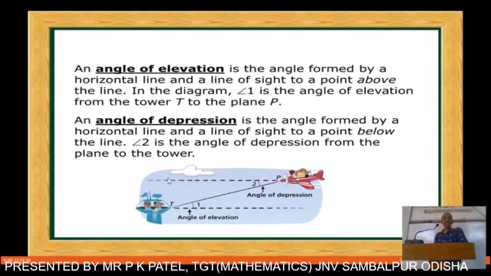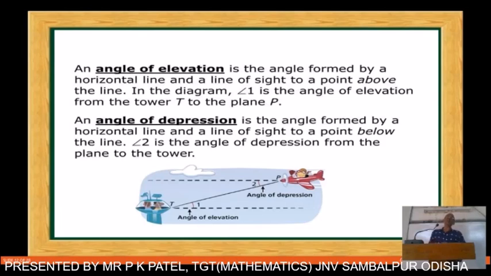This line is the horizontal line and this is the line of sight, because the man sitting on the plane is observing the tower. The line joining the eye of the observer to the object is known as the line of sight. So this is the line of sight and this is your horizontal line. So angle 2 is the angle of depression. These are the examples of angle of elevation and angle of depression.